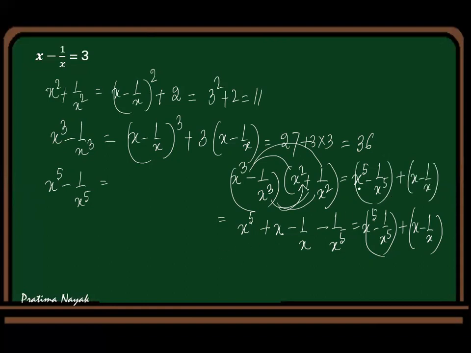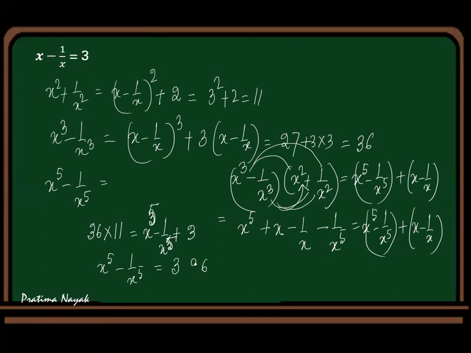If you separate it, you can write this one, or I'm putting the values. What was x cube minus 1 by x cube? It was 27, and x square plus 1 by x square is equal to 11, is equal to x cube minus 1 by x cube, plus x minus 1 by x is 3. So if I want to separate it, x to the power 5 minus 1 by x to the power 5 is equal to 36 multiplied by 11.